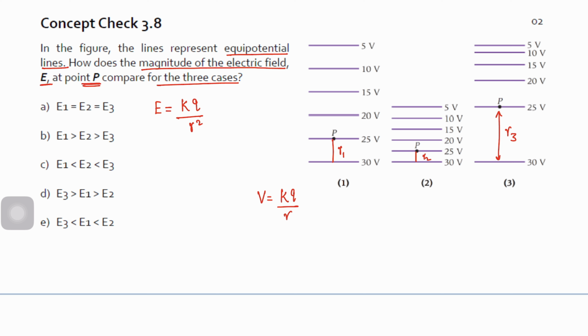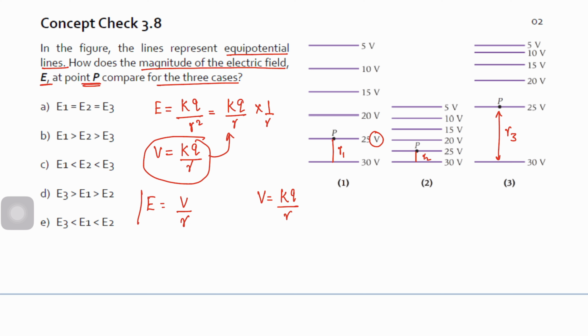You can solve like this also, or you can solve in terms of potential, because potential is given. V is equal to KQ over R. So can I say this term KQ over R multiplied by 1 over R? So you can place this value here. So you will get electric field is equal to V divided by R.